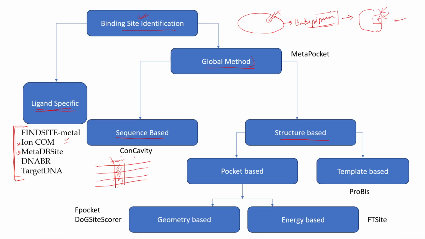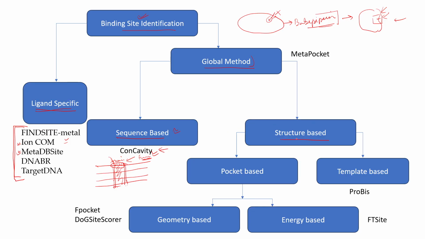According to what kind of function this region performs, they can tell that this specific region may be your binding site, because it has a pattern which is conserved across all these organisms evolutionarily. So like that you can go for sequence base. Concavity is one of the tools, but when I tried, it is also not working.